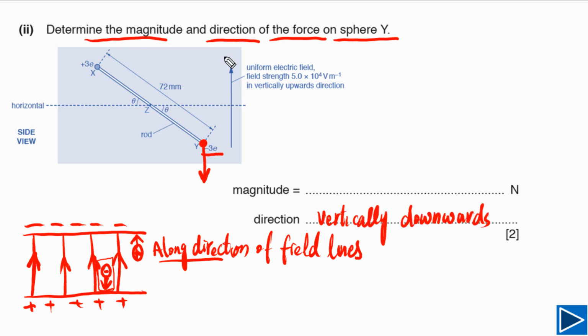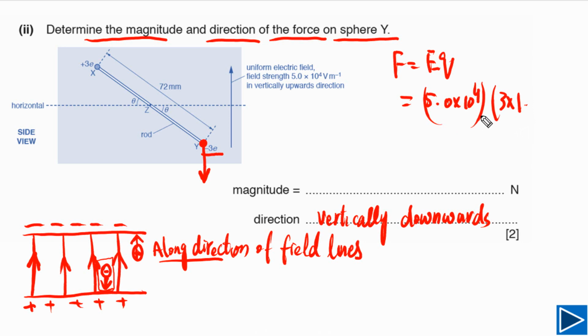Let's try to find the magnitude of force now. Electric force is simply equal to F = EQ. In this case, value of E is given, that is 5.0 × 10^4. And the charge on this sphere is 3 times the charge on a single electron.